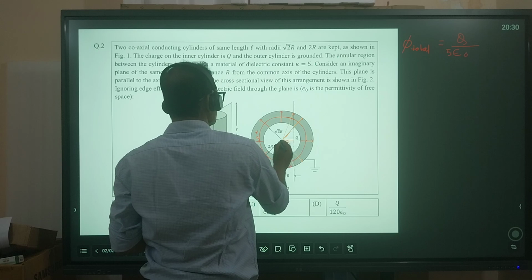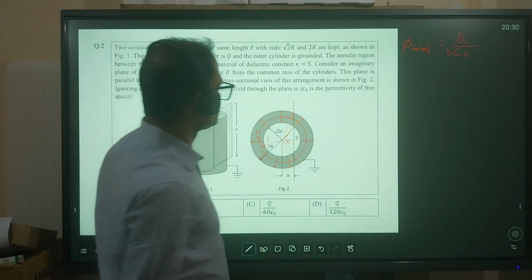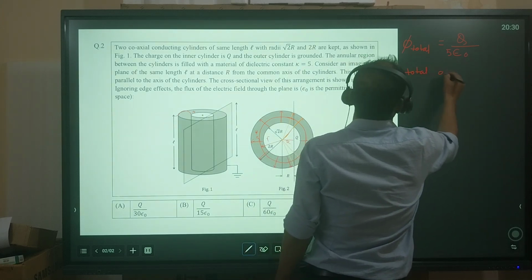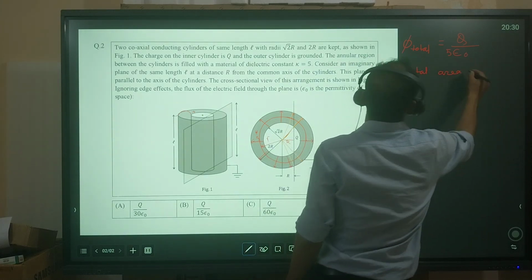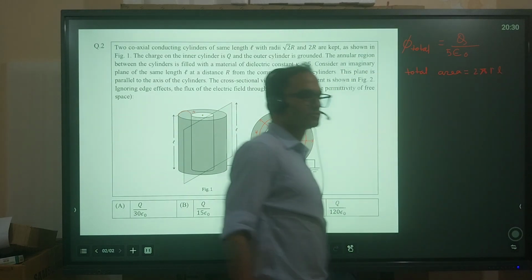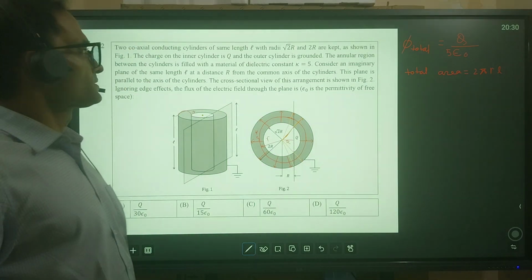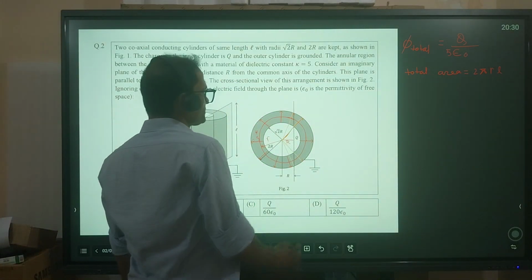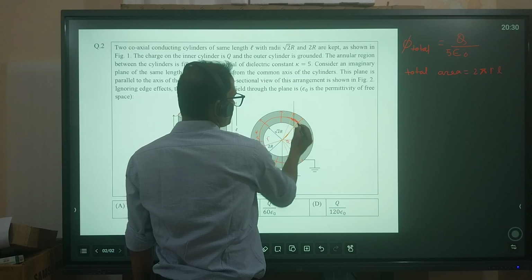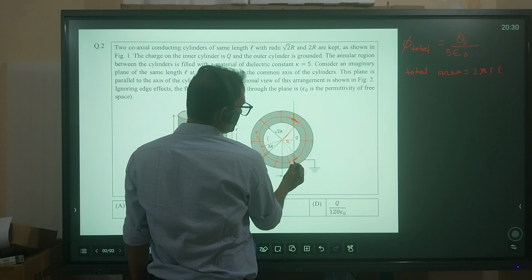Suppose this radius is some r. So the total area is 2 pi r l. Total area is 2 pi r l. We are concerned with this part of the area only, and this part of the area only.